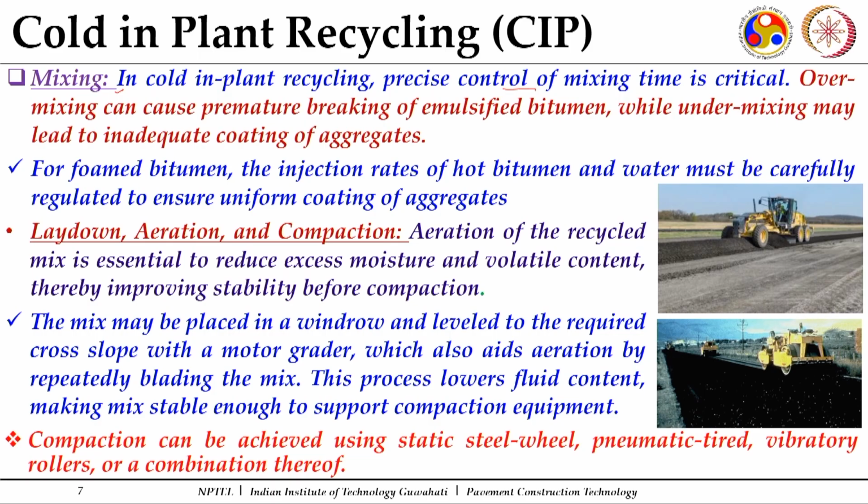So, the control of time is very important at the plant also, because over mixing can cause premature breaking of emulsified bitumen. Then your mix will become stiff enough and very difficult, or it may not be feasible, to compact in the field. While under mixing may lead to inadequate coating of the aggregate, so you will not have a good cohesion of the mix.